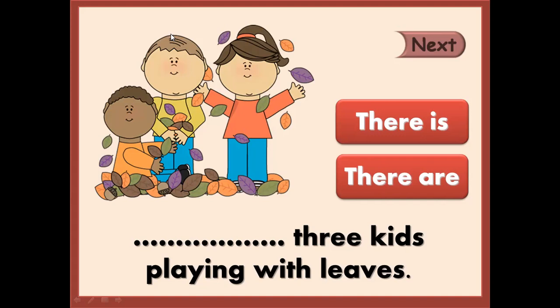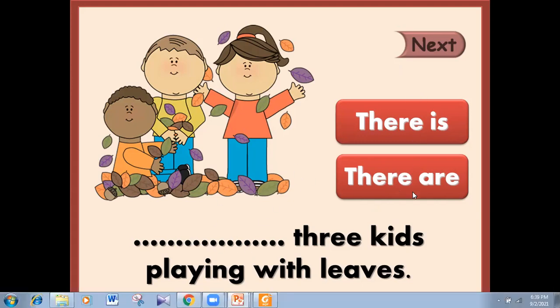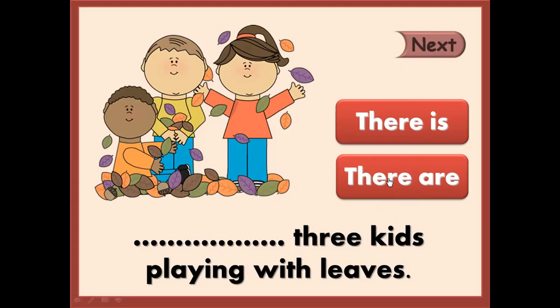Okay, Al-Bara Nadir, you are going to tell me the answer. Yes, teacher. There is or there are for 3? There are. Well done. Okay. There are 3 kids playing with leaves.